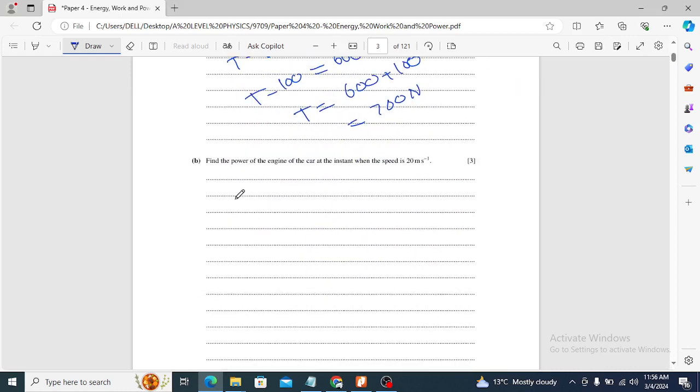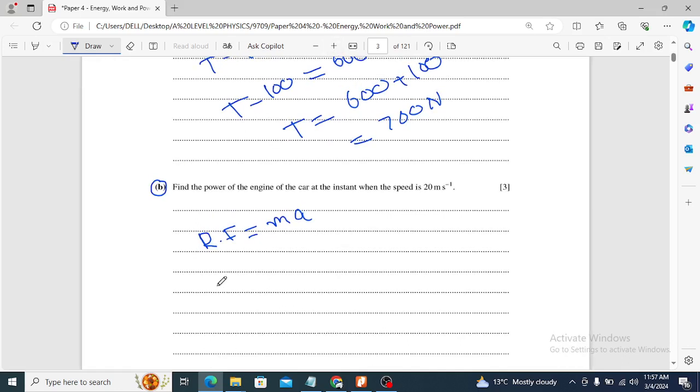Part B of the question is to find the power of the engine of the car at the instant when the speed is 20. Again, I am using Newton's second law. The resultant force equals mass times acceleration, and the resultant force is the difference of the two forces, the driving force minus the frictional force.